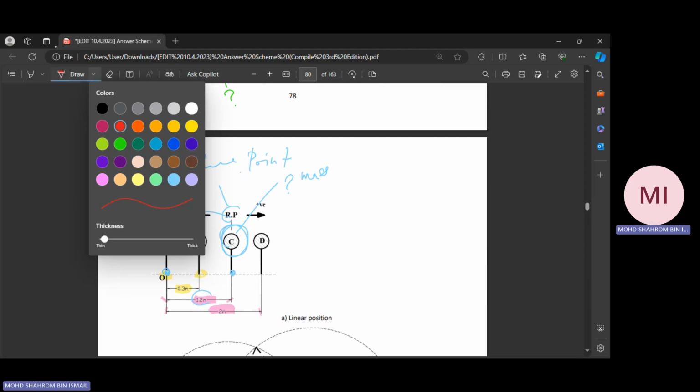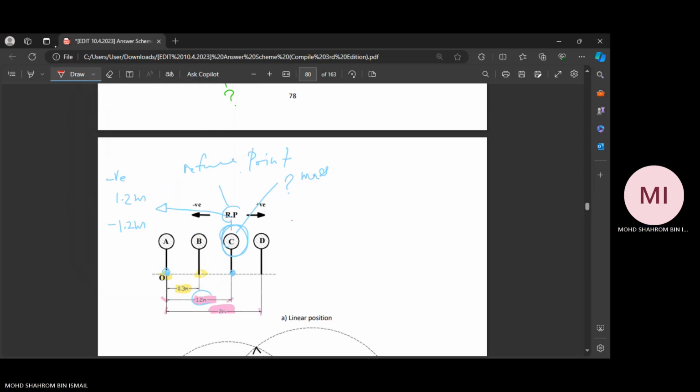From C to B, what's supposed to be the dimension, the distance? Sorry, I try to make it more readable. Basically, this distance is 1.2 meter minus 0.3 meter.